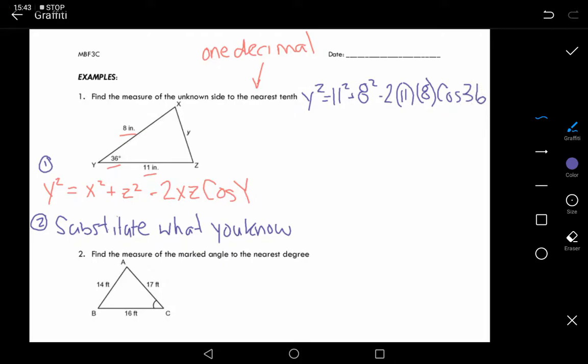Okay, when we are substituting, especially for multiplication, notice here how I wrote those in brackets.